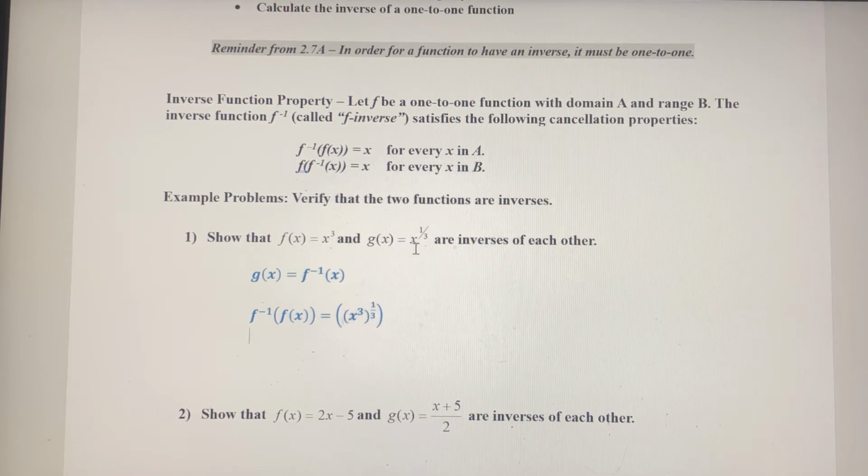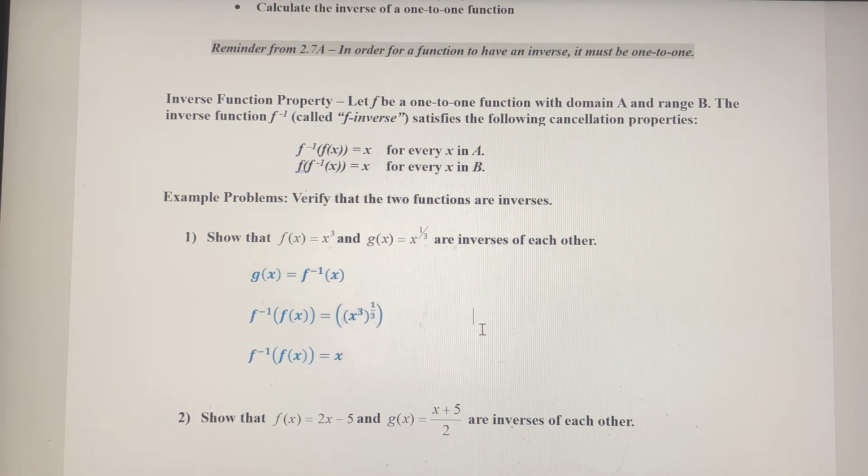So I've got x cubed to the 1/3 power, a power raised to a power, so I'm going to multiply those exponents. 3 times 1/3 is 1, so f inverse of f of x is equal to x.